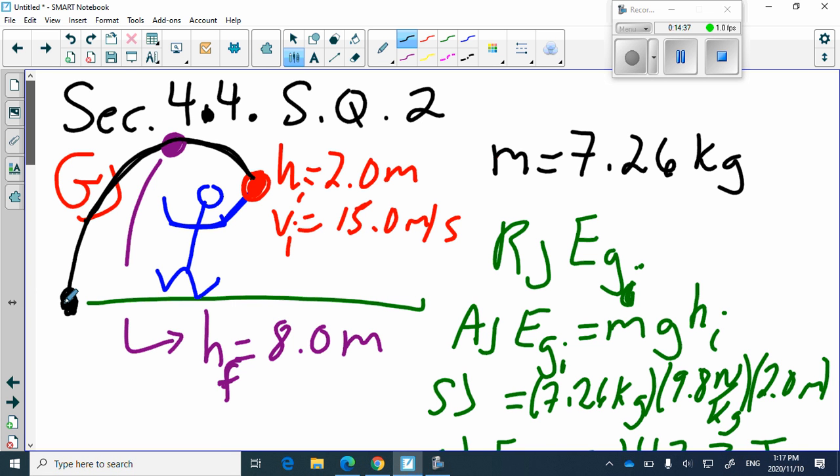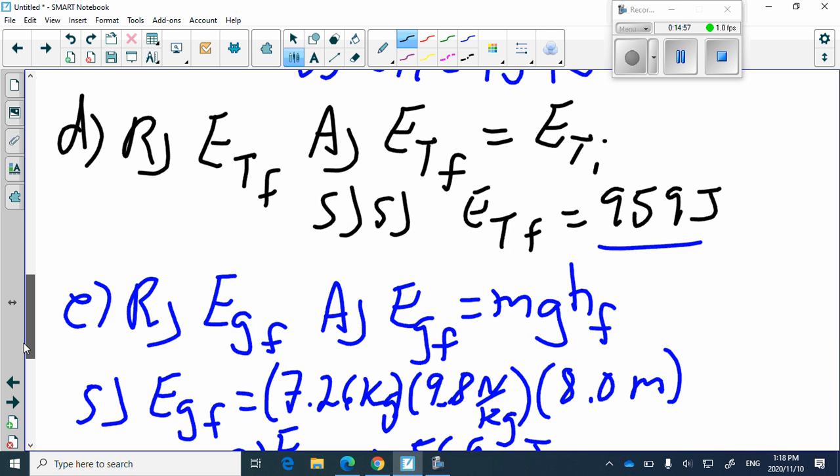When it hits the ground, let's call this height final, it's zero height. And we want to find its kinetic energy when it just hits the ground.